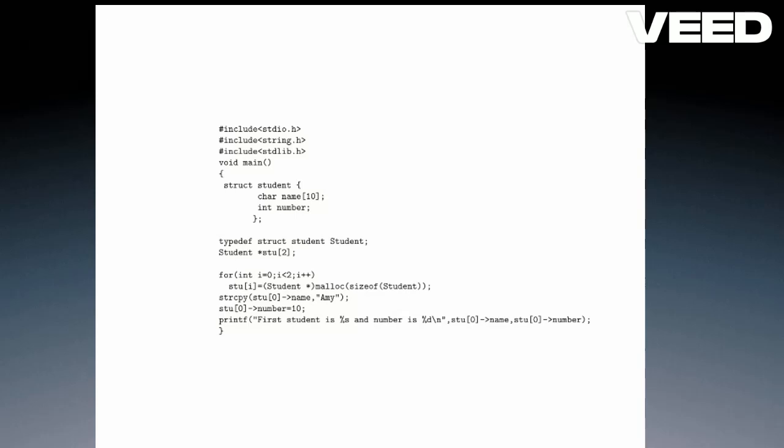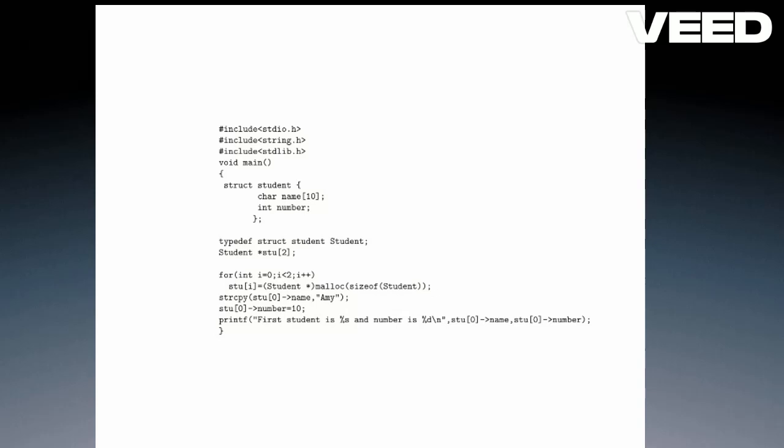Now, whenever I declare an array of pointers, I don't really have the space for those structures yet. And so I have to allocate space. So here I am allocating space in a for loop. You can see that this is the index of the for loop, and there are only two entries in this array, and stui is the index.